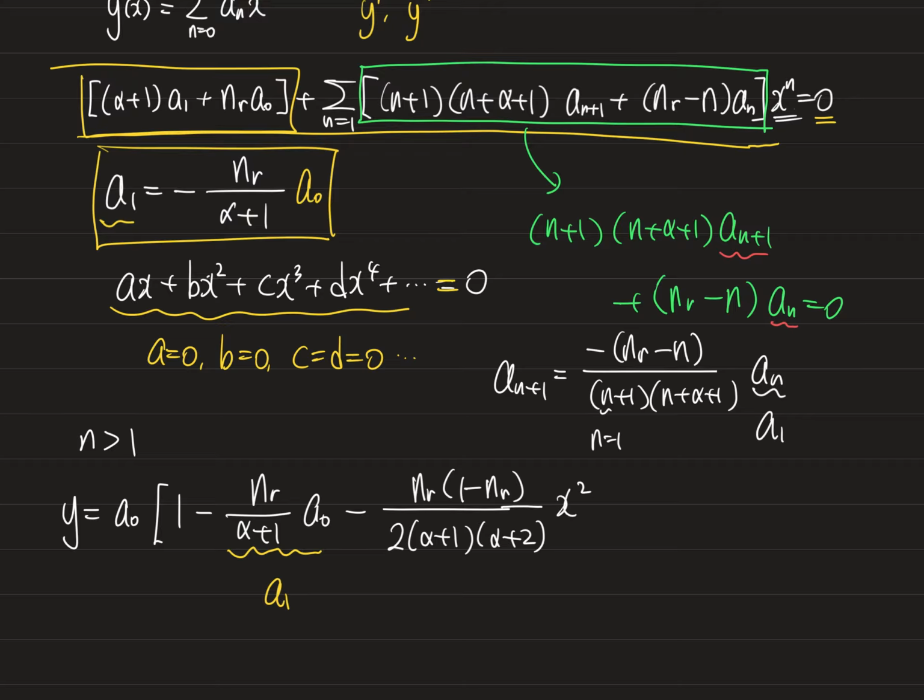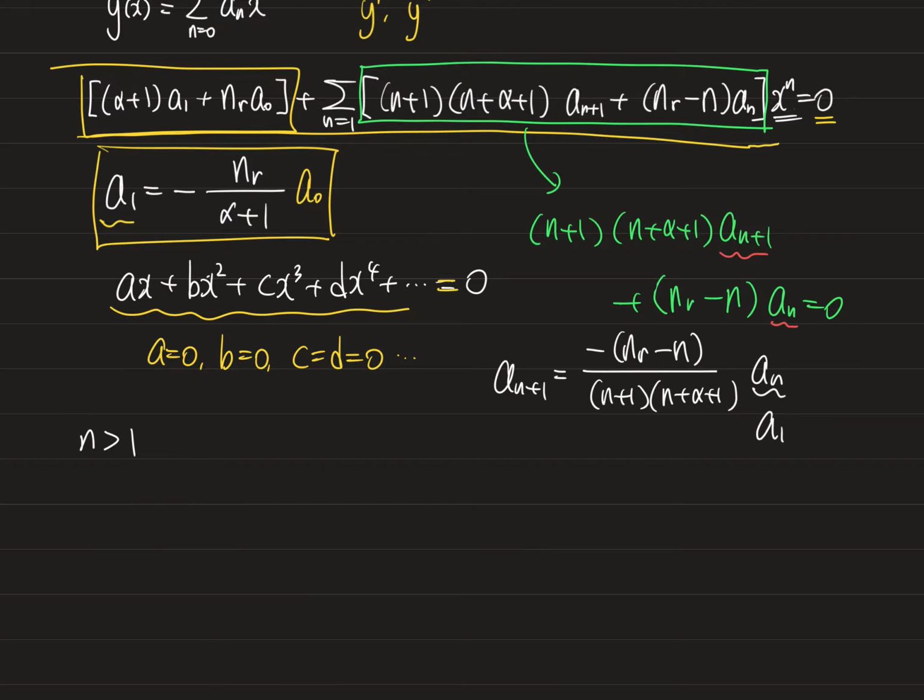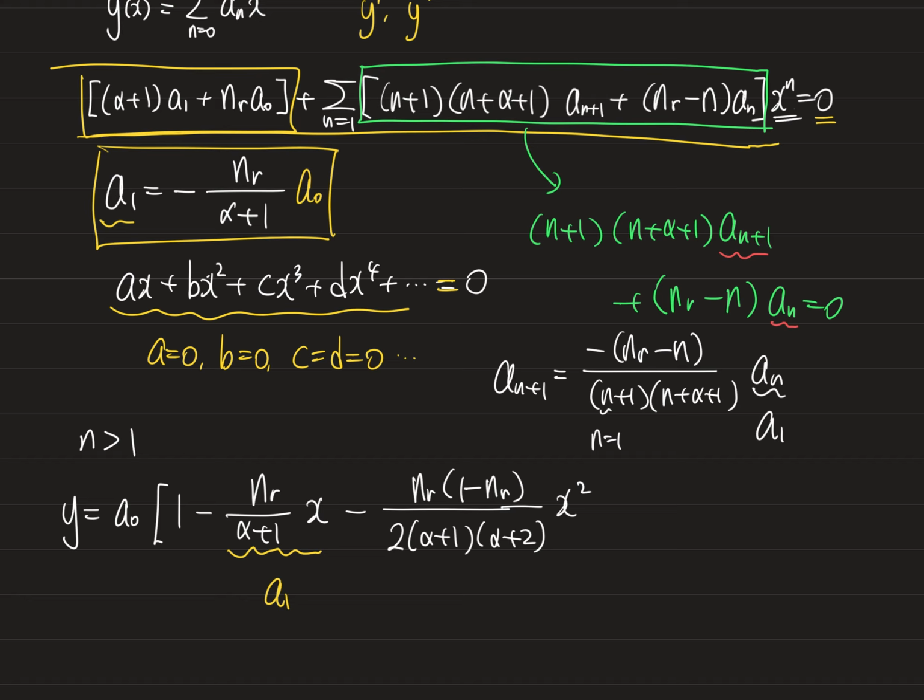x square. So actually, sorry, so this should be x, right? a1 should be a0 multiplied by nr divided by alpha plus 1. And this should be a2, right?